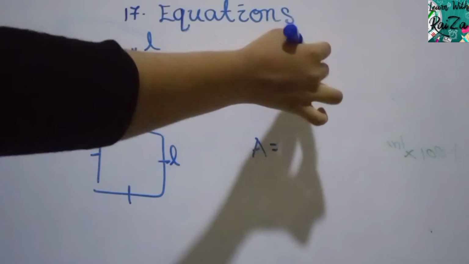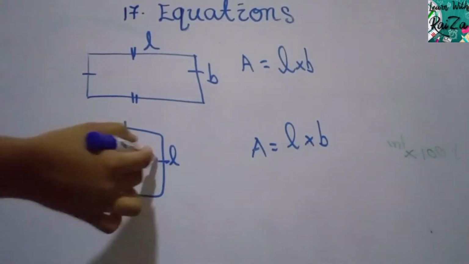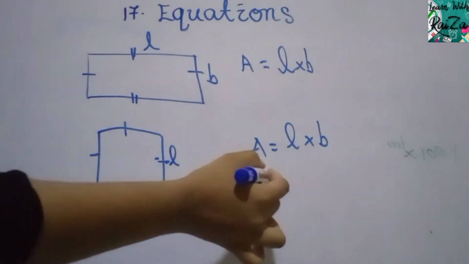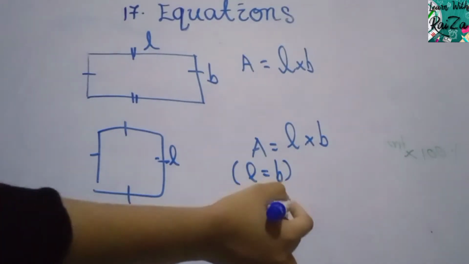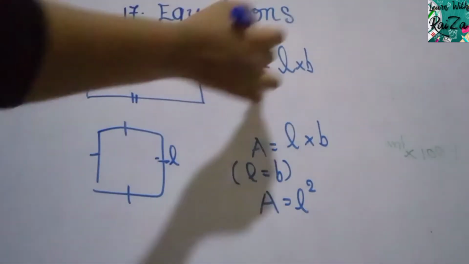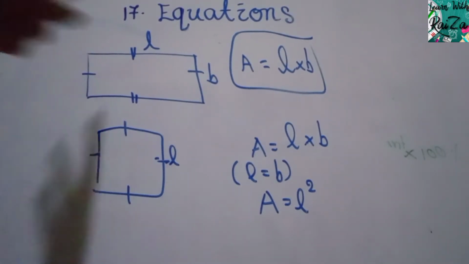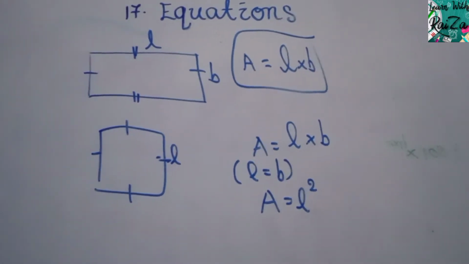This is also an equation. In the case of the square, length and breadth are equal, so area is equal to L squared, the length into length. But this is the formula for finding the area of a rectangle. So now you know how to build a very simple equation for finding the perimeter and the area of rectangles and squares.